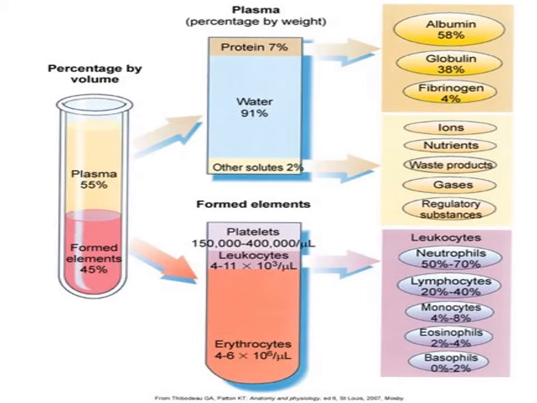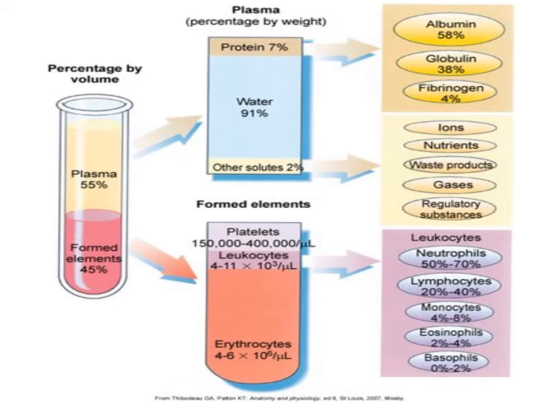Okay, when we look at the formed elements, now we're looking at the three cells: platelets, white blood cells, which are called leukocytes, and red blood cells. And notice red blood cells make the vast majority of the formed elements. And know the values of the different ones.